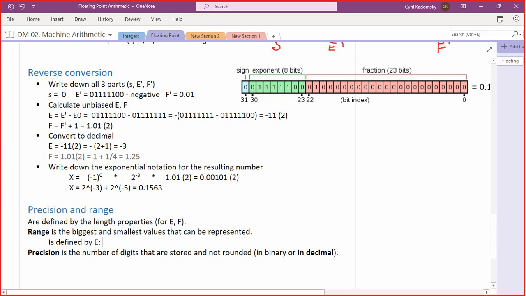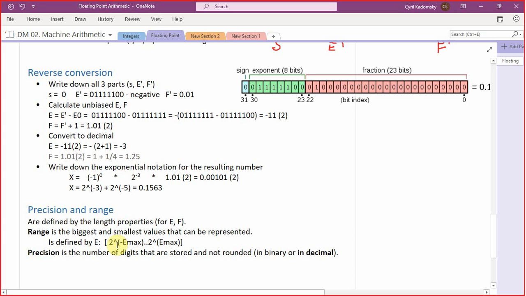How exactly? With certain precision, we can say that the range is from 2 to the power of minus the maximal exponent up to 2 to the power of plus the maximal exponent, like this.